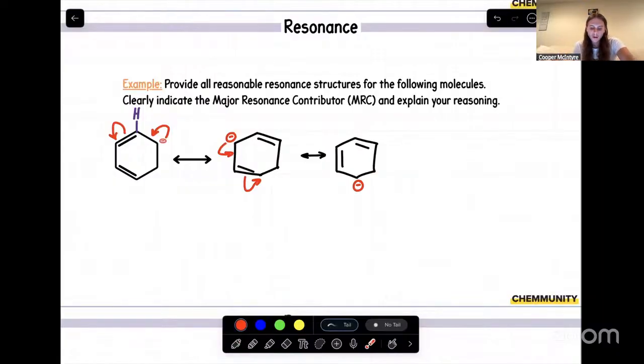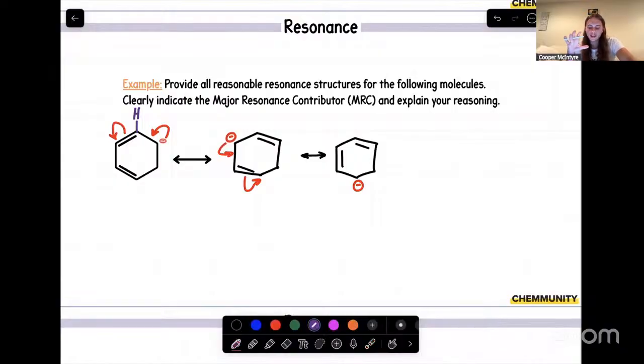One other thing with this question is I want us to try and find the major resonance contributor for all the resonance forms we draw out. Now, this one's kind of tricky, only because there is no major resonance contributor, because all of them will be equal in energy.